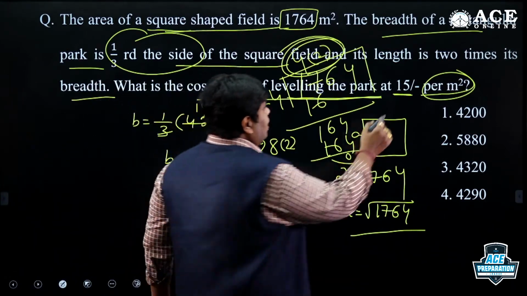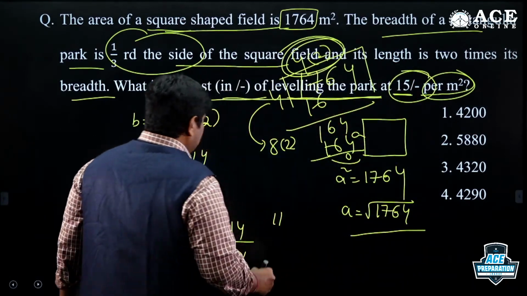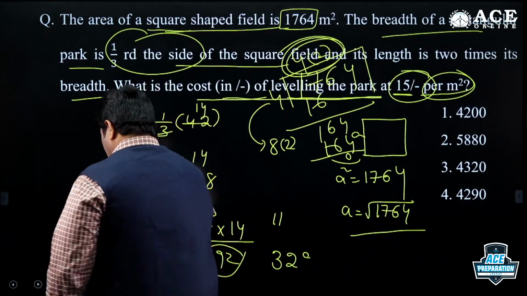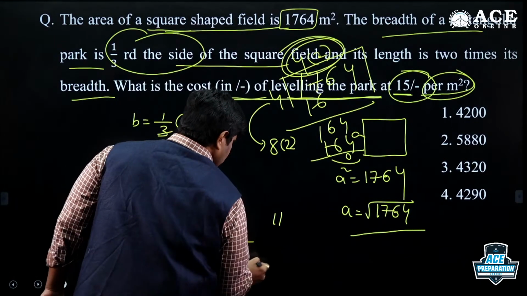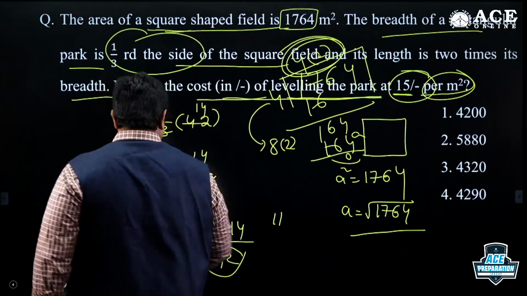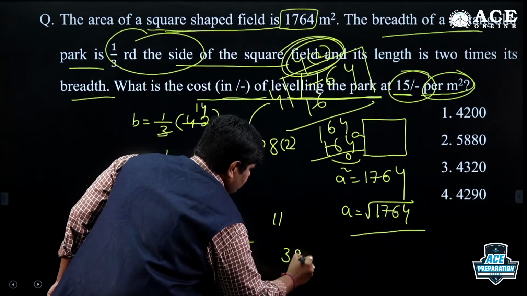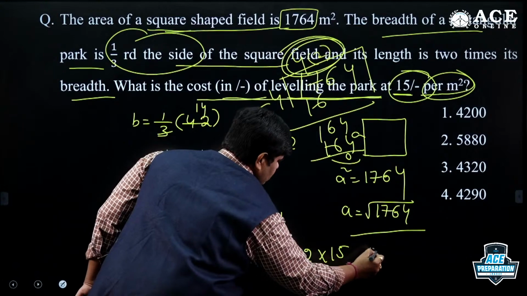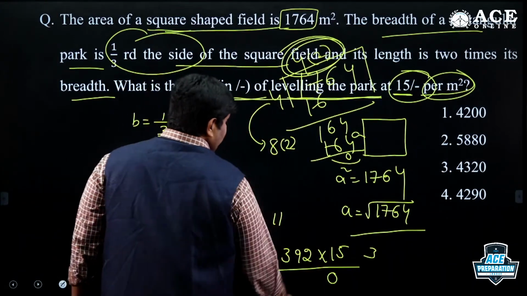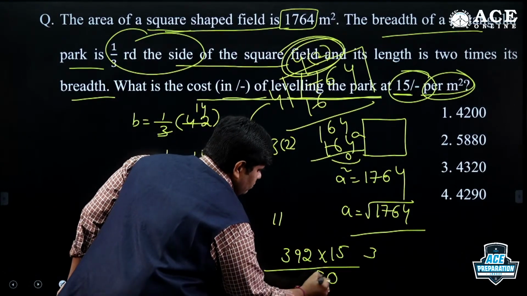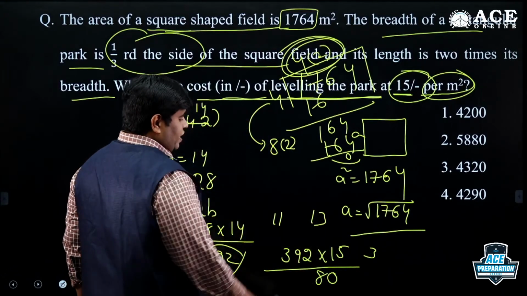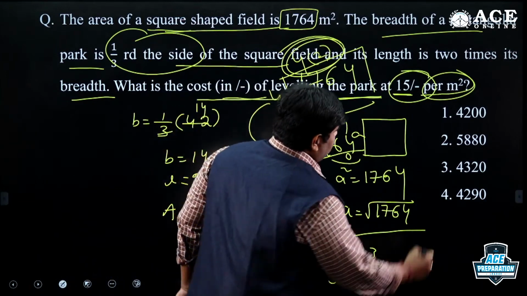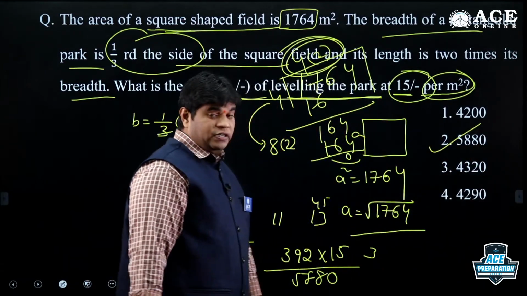Each meter square costs 15, so 392 into 15. 15 twos are 30, 15 nines are 135, 15 threes are 45. So 5880. Yes, so option B is the right answer, friends.